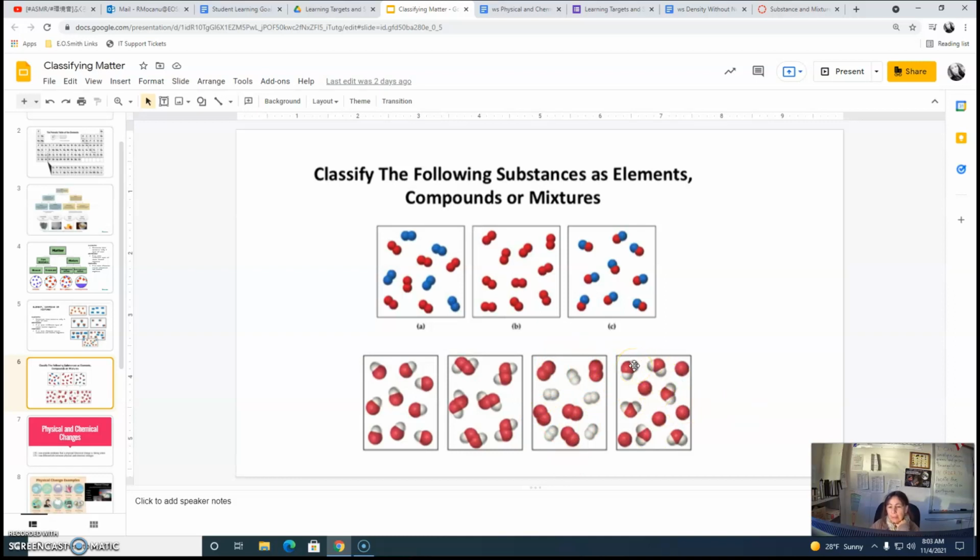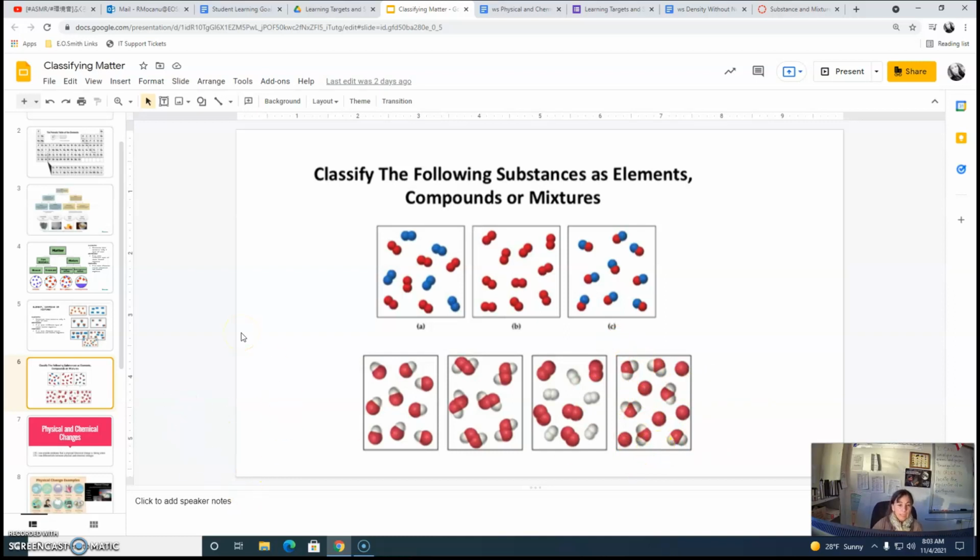And finally, in this last picture, I have a red atom bonded with two white atoms, making that a compound. And then completely separately and not bonded to it, I have a red atom of an element right here. And these are not bonded together. I got a compound and an element not bonded together, making this a mixture.